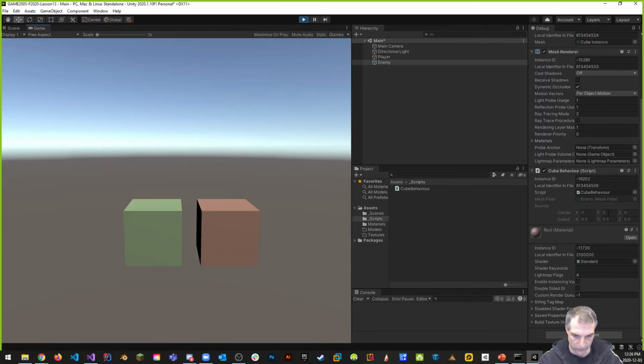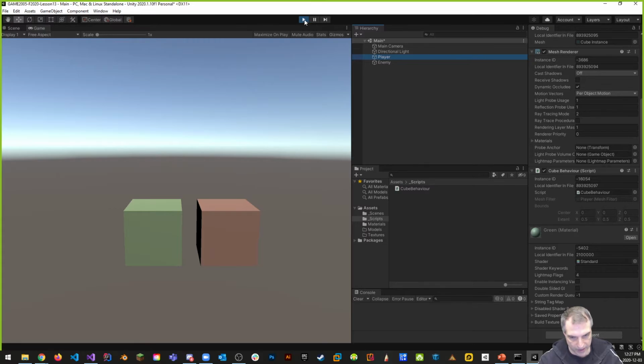It shows me 0, 0, 0, and the extent is 0.5, 0.5, 0.5 away. This is the distance away from center. It also shows me the instance ID, which is sometimes important to know when we define one from the other. If I click on player, you can see again we have 0.5, 0.5, 0.5. Those are pretty cool things to know.